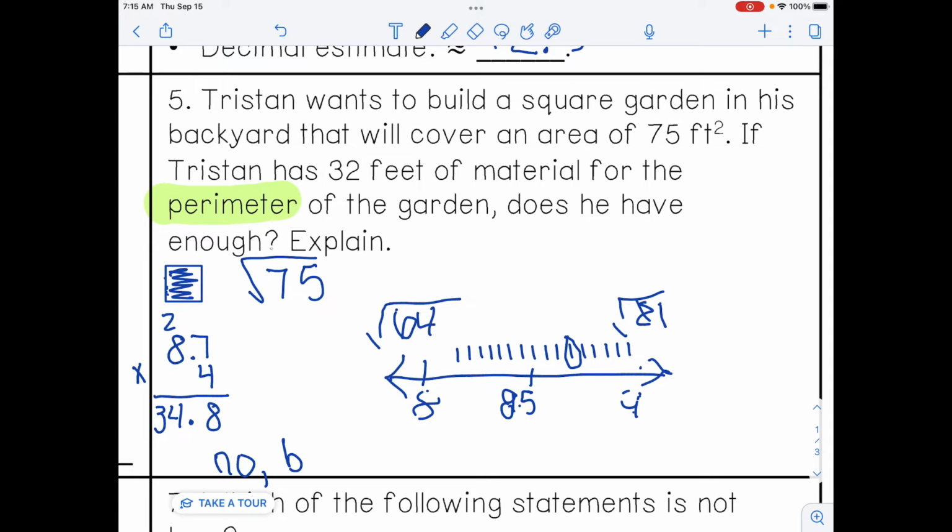And you could say that because the square root of 75 is larger than 8.5 but smaller than 9.